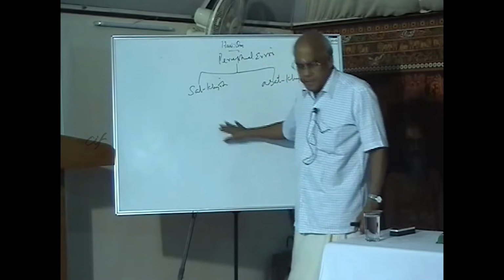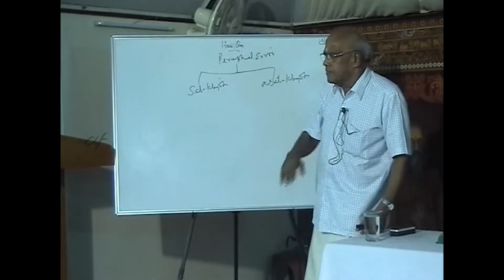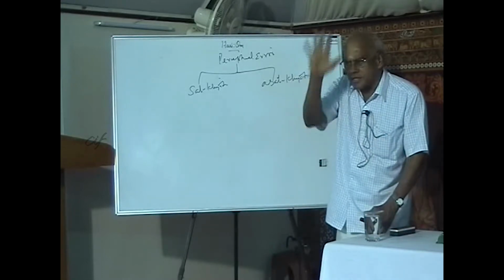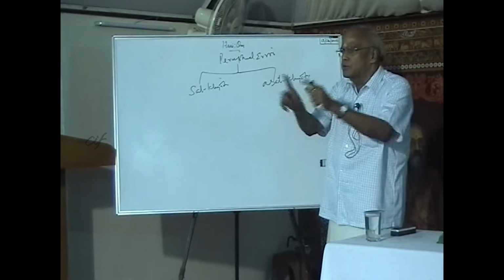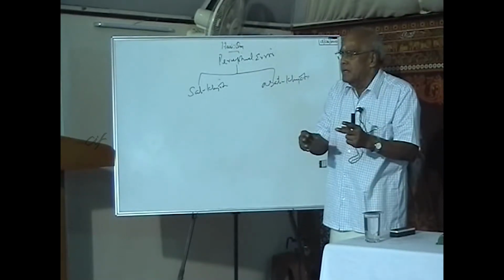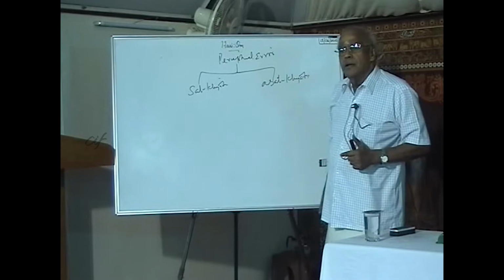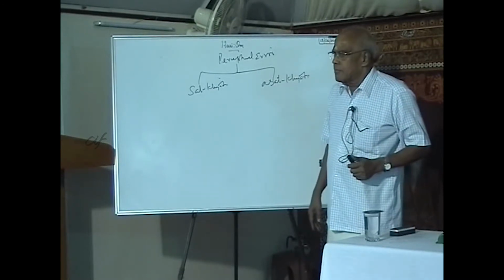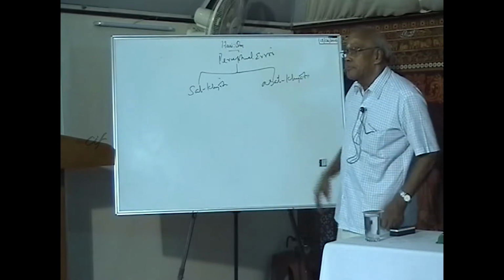An object which is existent is Sat. An object which is not existent is Asat. We use the two terms like that. If it is existent, we will say, yes, it is Sat. Supposing it is not there, it is non-existent, we will say it is Asat.